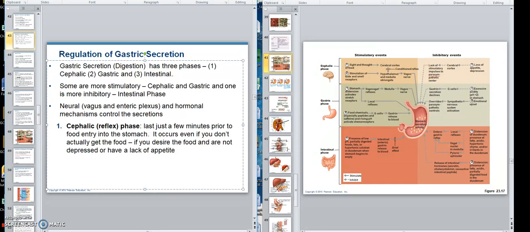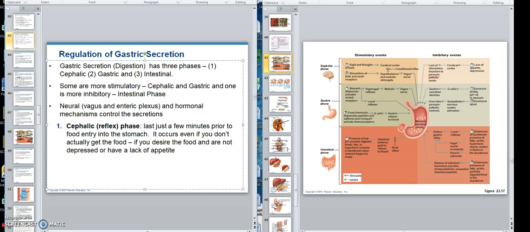So to say it another way, the cephalic phase is this. You're passing by a bakery window and you happen to glance in and see something good. You're going to already start having some stomach activity, just from the visualization, because that's coming from the brain. Then if you eat it, you'll have some cephalic because you'll get the taste.